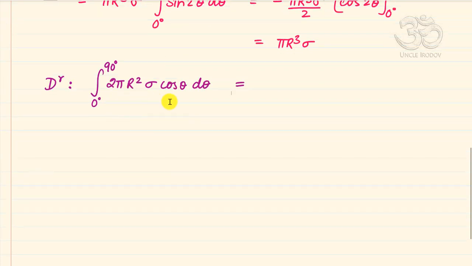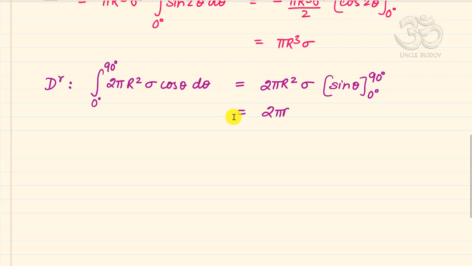So 2 pi R square sigma goes out, and you will have cos theta d theta, so integral of that is sine theta, and the limits go from 0 degrees to 90 degrees. You are going to get 1, because it will be sine 90, which is 1, minus sine 0, which is 0, so gone. So the final result is only 2 pi R square sigma.